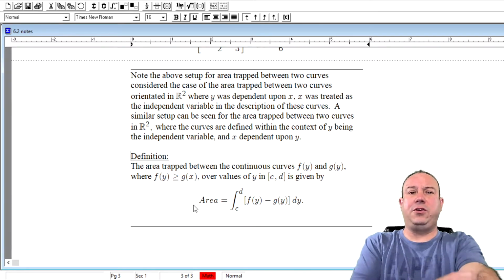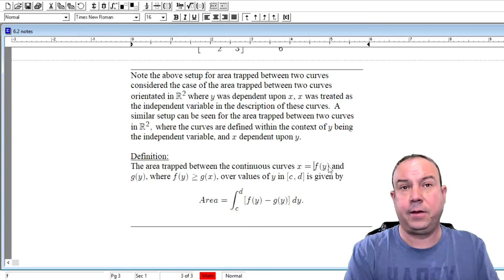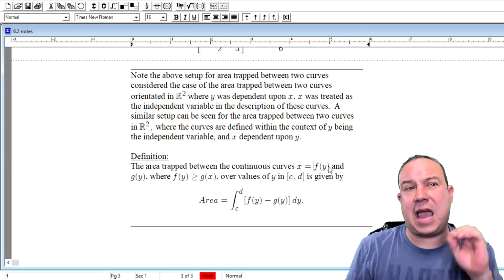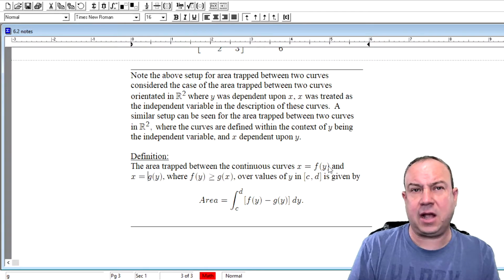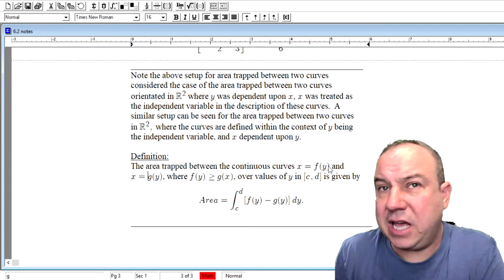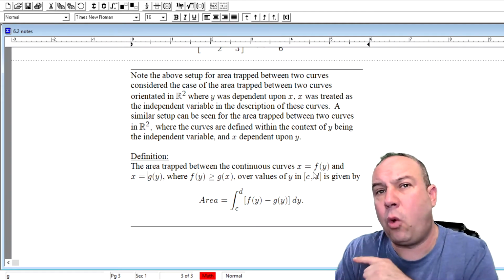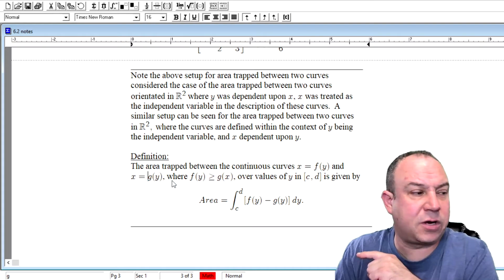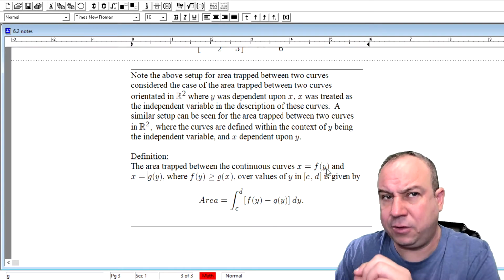However, here we take note that we are looking at functions where x is equal to f of y or x is equal to g of y, highlighting in this relationship that x depends upon y. Y is the value seen in the parentheses in these functional descriptions, meaning that y is the independent variable.